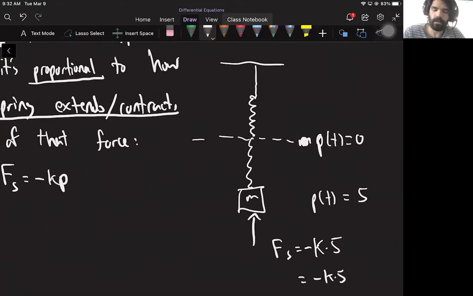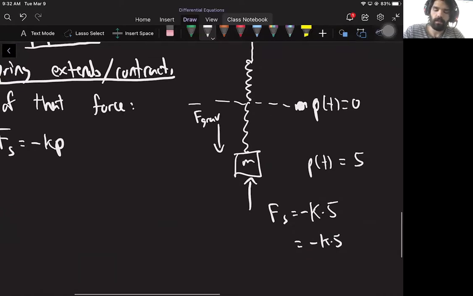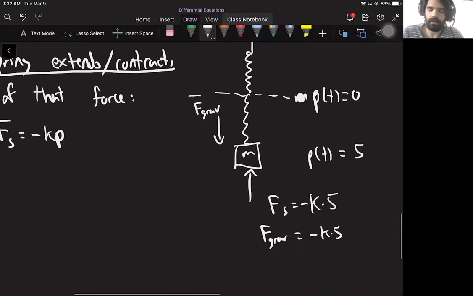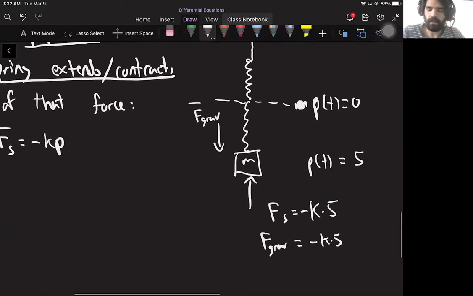So if something is causing it to go down, like gravity, that's causing this extension, then we'll have a little setup like this. So if gravity is pushing it down, which it is because there's a weight on it, then the restoring force is pushing back up, and they are equal and opposite to each other.